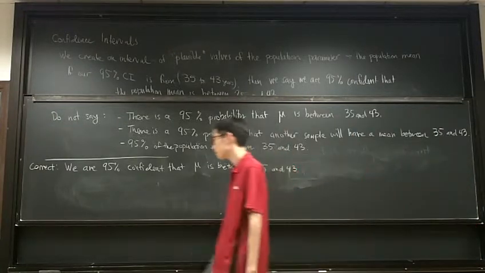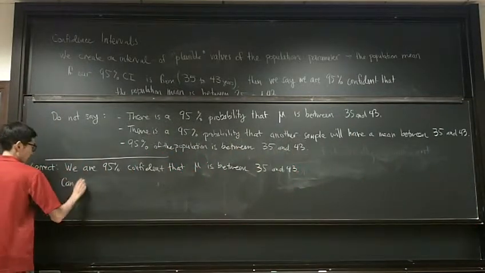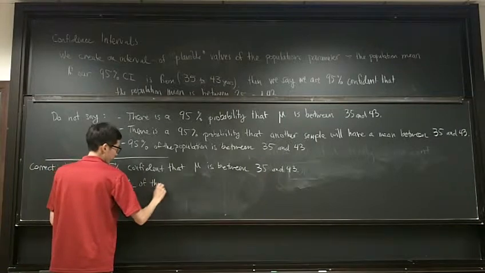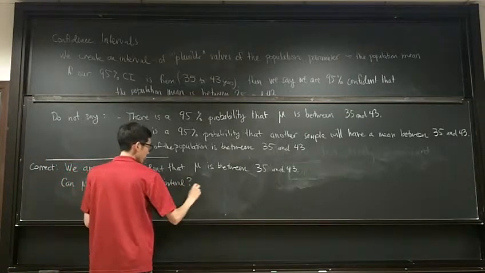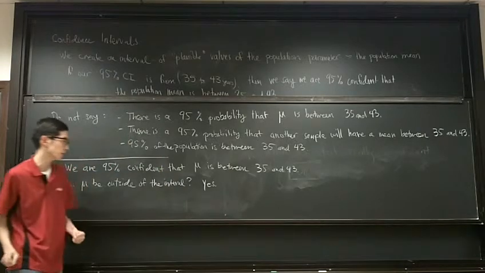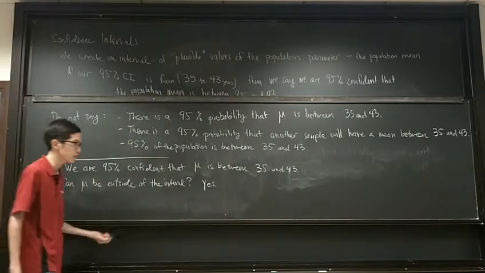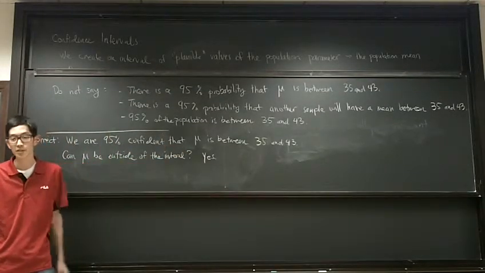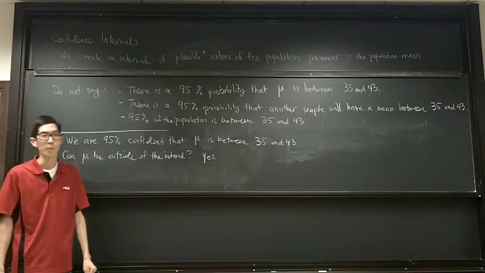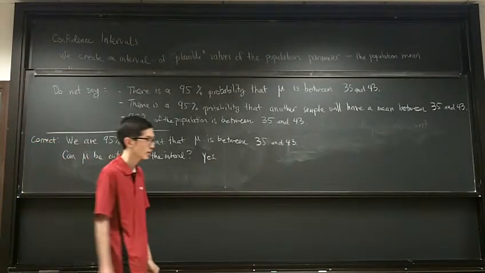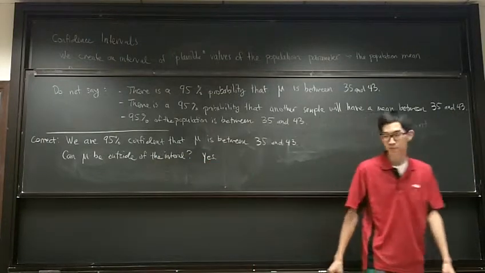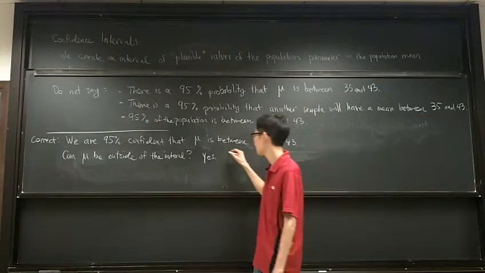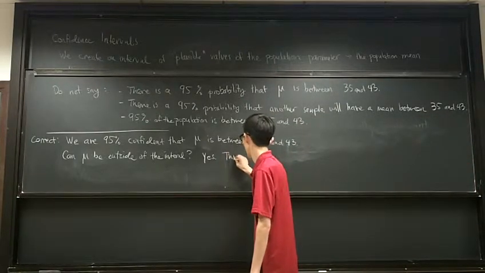Can mu be outside of this interval? Okay. Yes. And what does it mean if the population mean is actually outside of our confidence interval? What does that mean? Yeah, it just means our sample was unusual. Okay, our sample was unusual. This can happen.